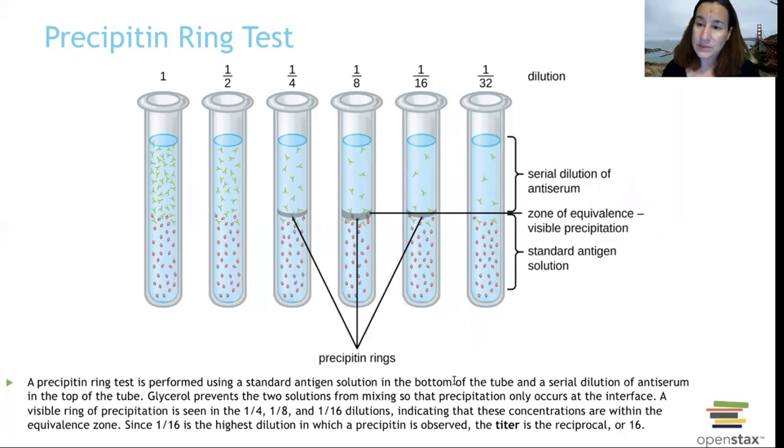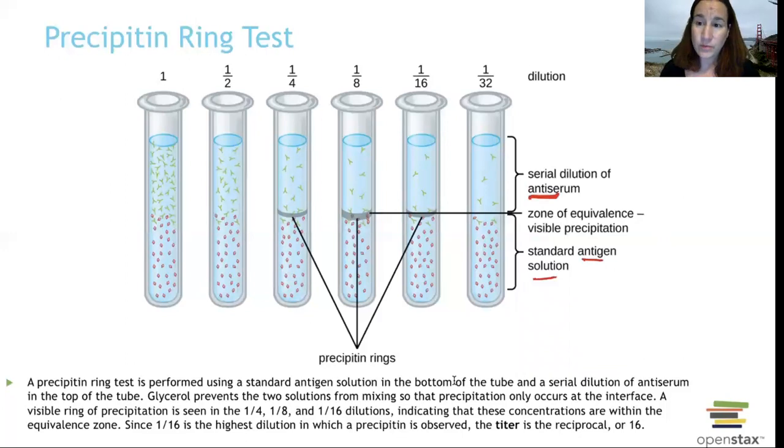With our precipitin ring test, you're going to have all these different test tubes. In the bottom of the test tubes, they are going to have this antigen solution. All of these have this antigen solution in there. Then you are going to have another substance at the top, and that is going to be your antiserum.